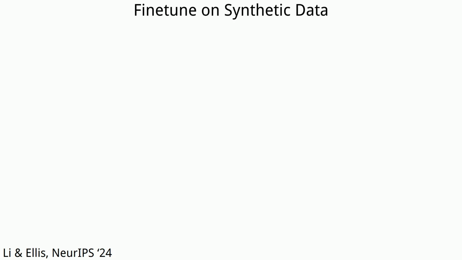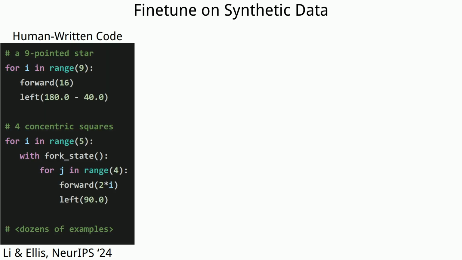So one popular idea, you see it in things like Self-Instruct and WizardCoder all over the place, is to make a synthetic data set and fine-tune on that. So here's what that looks like. We start with some human-written code, and critically, it's like 10 programs. It's not like 10 million programs. So 10 examples of the kind of graphics code you care about.